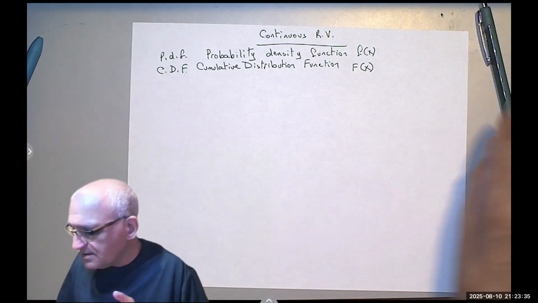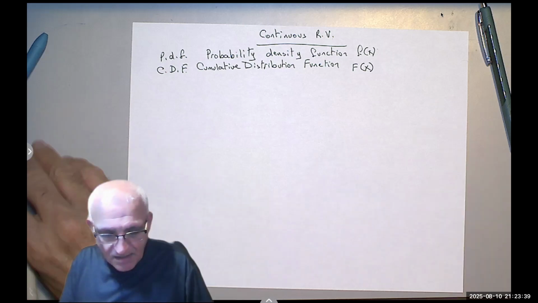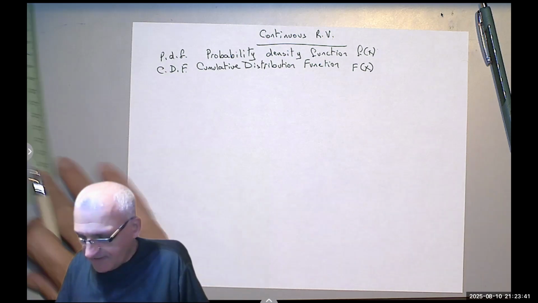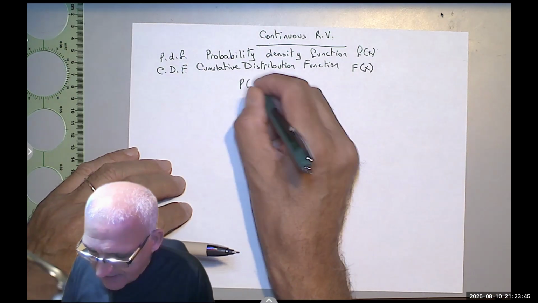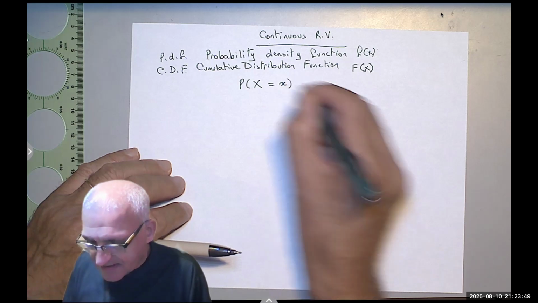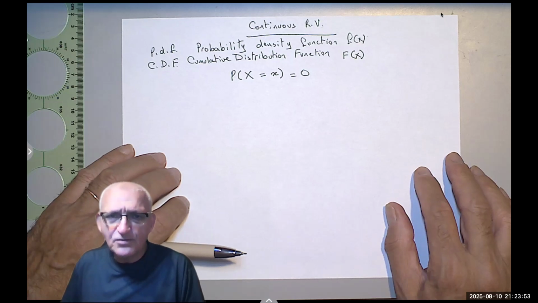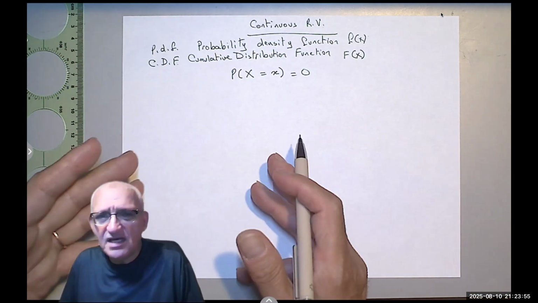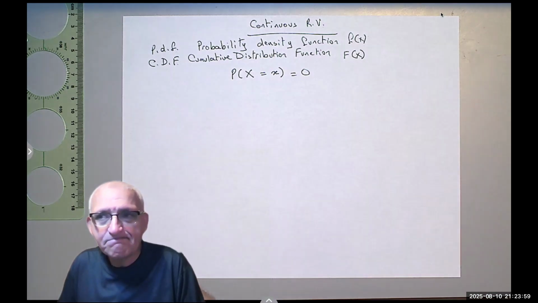Now, some stuff you have to be careful about. In the continuous random variable, if I say, what is the probability that my random variable x equals a specific value x, that probability is 0. Say what? Why couldn't the x equal 2, for example, if it's within the domain?